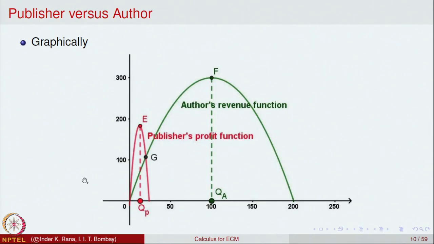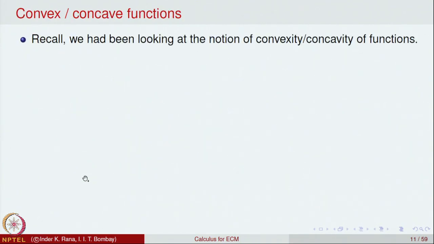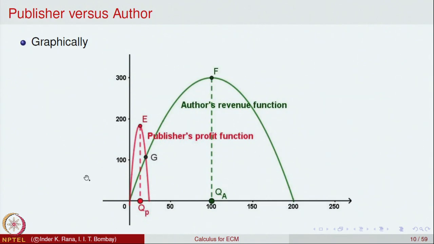Publishers would always like to make more money on the sale of books than the author can get. So, this is how we will use the calculus and its derivatives, properties of the calculus, to maximize or minimize the problems.